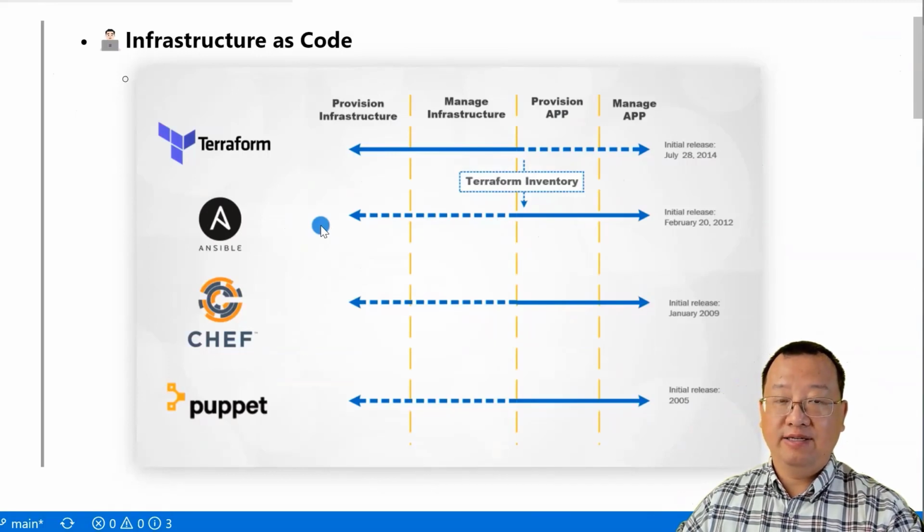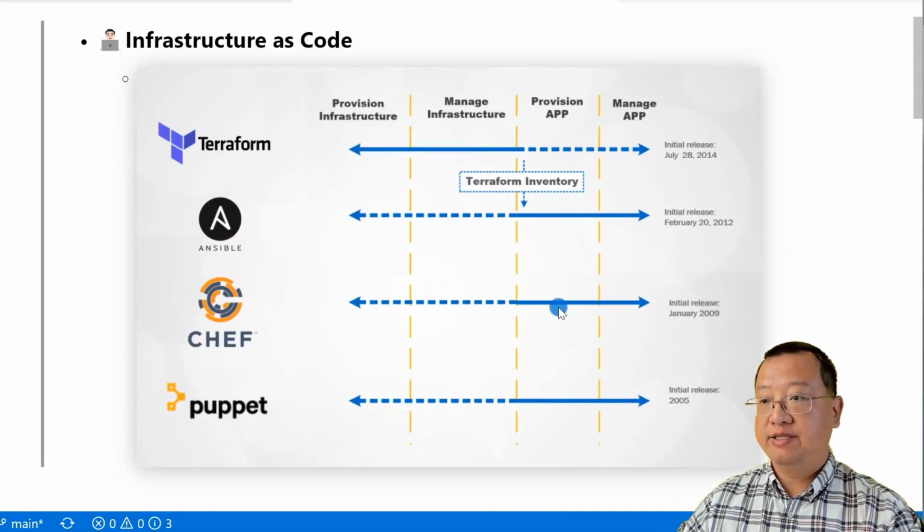When used together, Terraform provisions and manages infrastructure, and the Terraform inventory plugin generates an Ansible inventory file based on the state file of the infrastructure, and then Ansible uses this inventory file to execute tasks on the infrastructure.